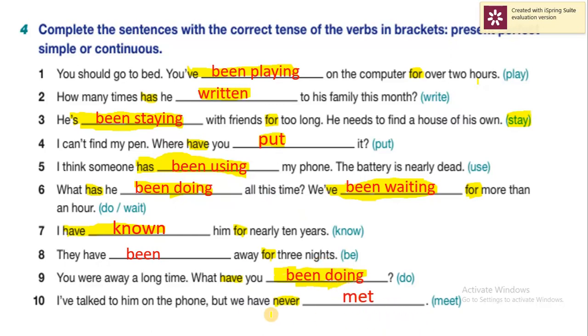Very good. Okay, the verb of this sentence is have and met. These are the two parts of the verb, and here we have the keyword, which is never.